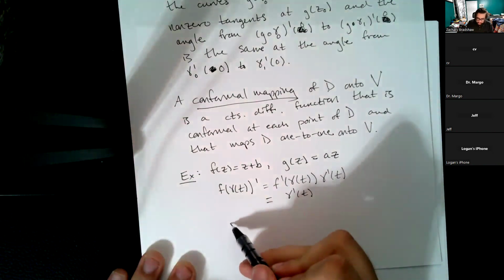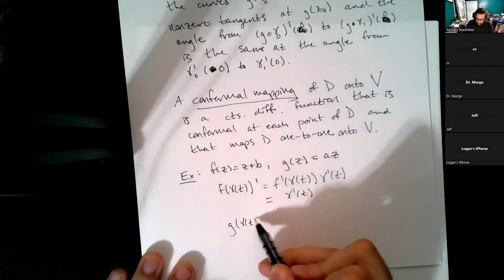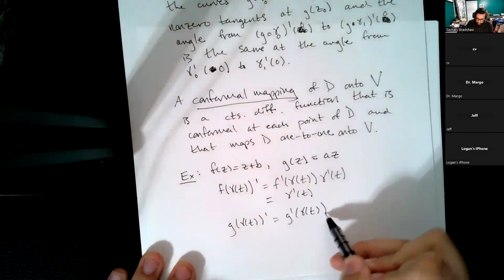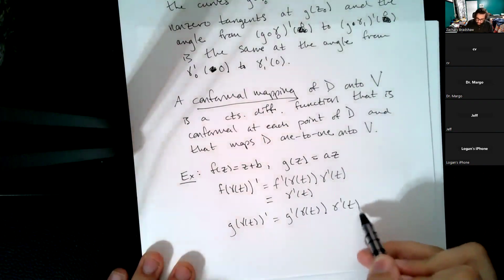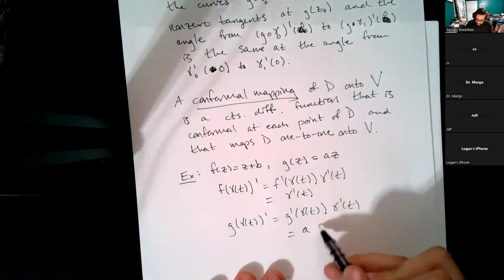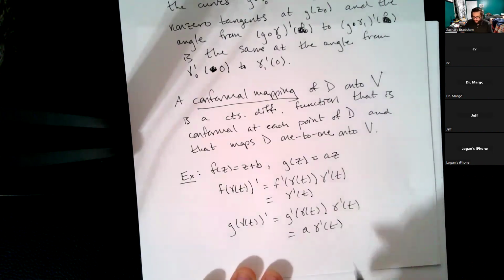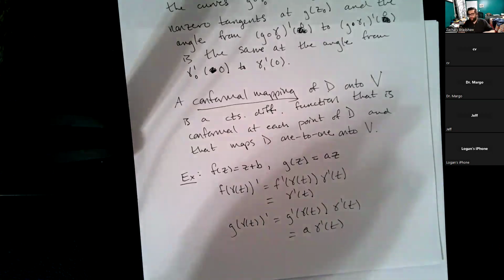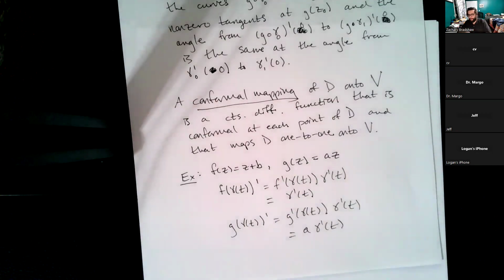For g of z equals az, the derivative of g is just this constant a. So suppose I have two paths now, and I compute the tangent vectors at some point at which they intersect, and now I map them over.